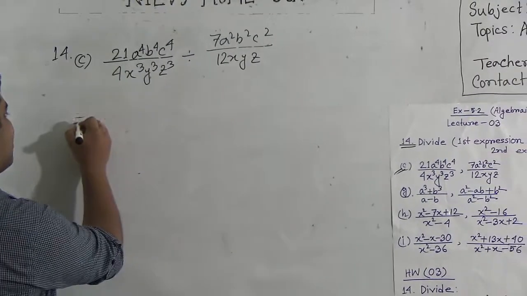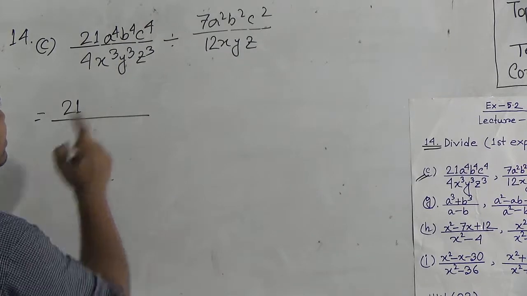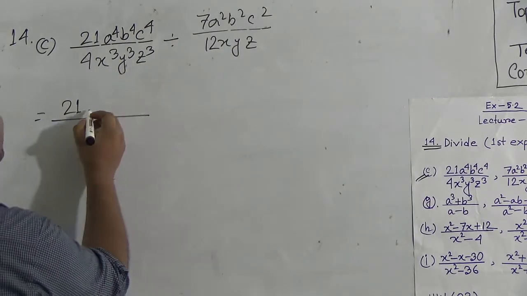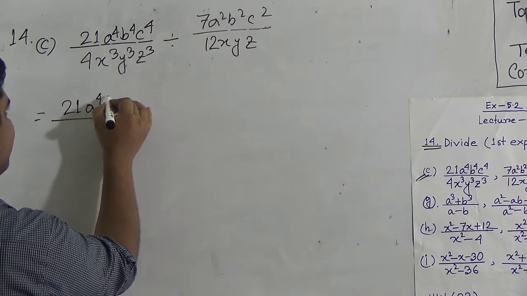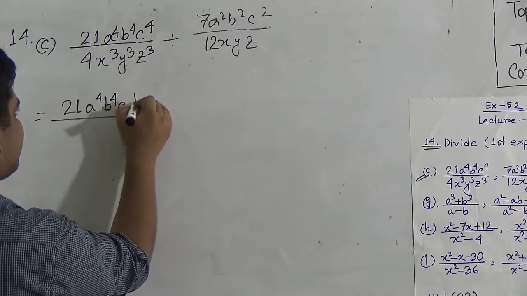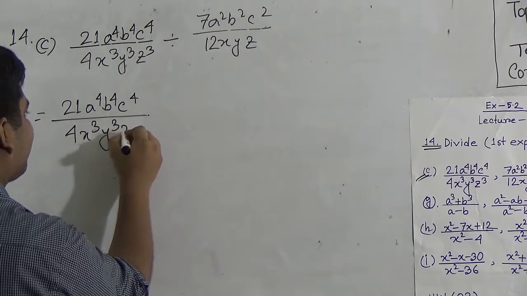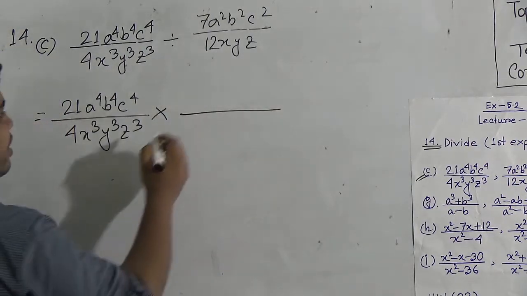We know that division of first fraction by second fraction means the multiplication of the first fraction with the reverse of the second fraction. That means 21 a to the power 4, b to the power 4, c to the power 4 by 4x cube, y cube, z cube, multiplication, and this fraction will be reversed.